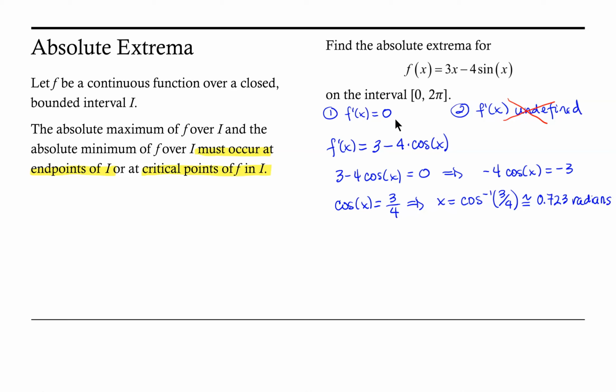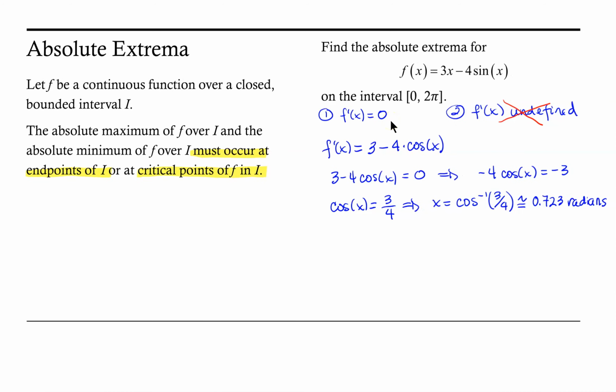Keep in mind that pi over 2 is approximately 1.57 radians. So this angle, inverse cosine of 3/4, is smaller than pi over 2, which means it lands within the first quadrant.